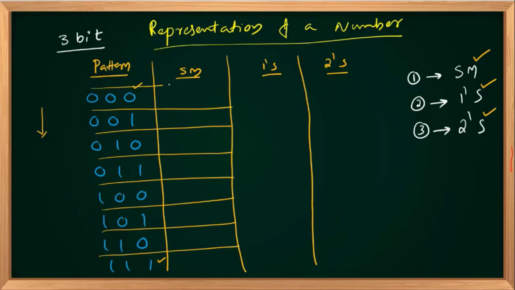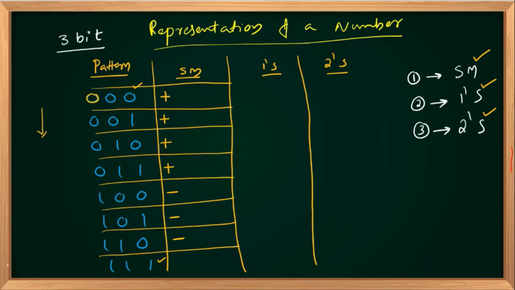The remaining n minus 1 digits, here 2, represent the magnitude. If the MSB is 0, the number is positive. In signed magnitude, 1 bit, the MSB, is dedicated to the sign. If it is 1, it implies a negative number.